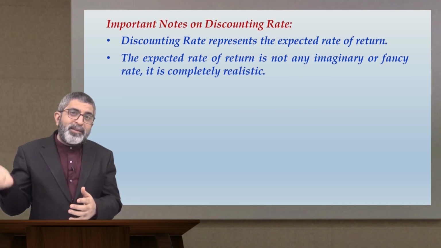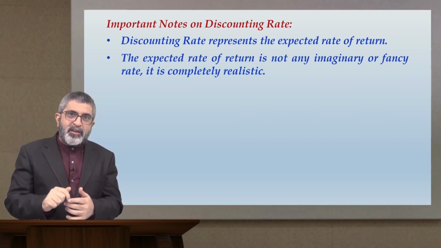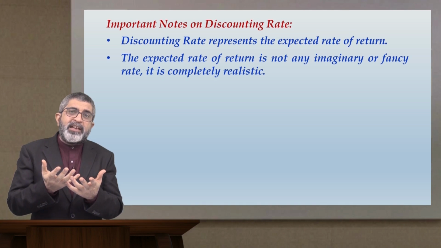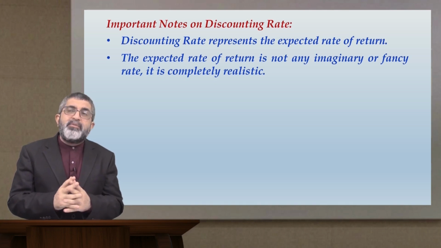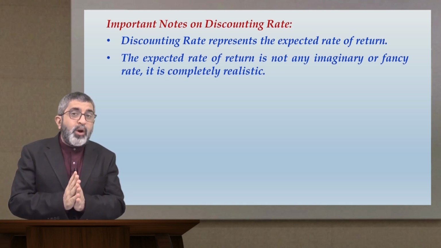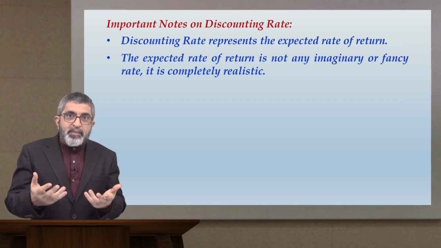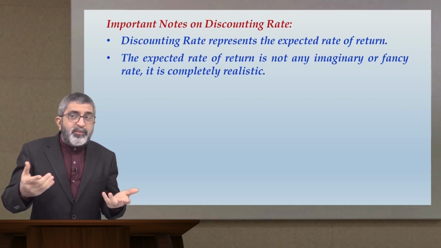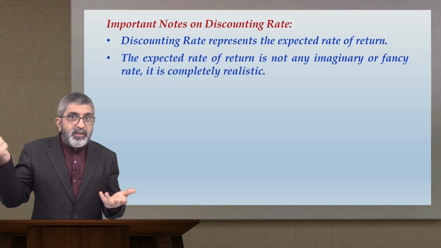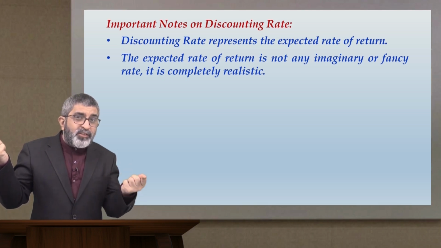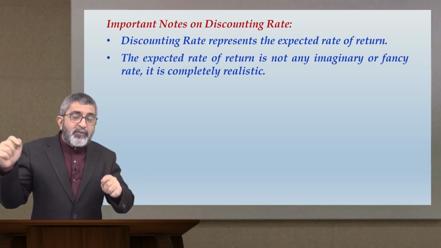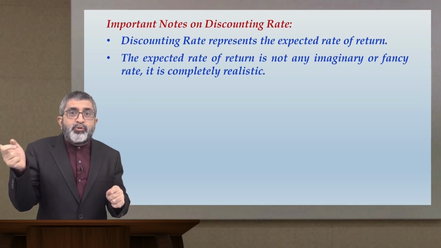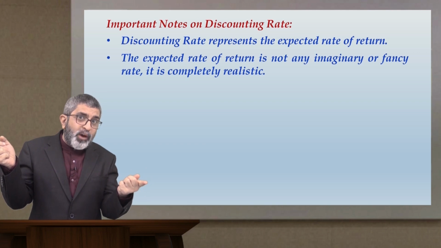Then comes the concept of opportunity cost of capital. So for example, if the prevailing rate of return in the market is 15% per annum, what will happen? I will be finding a lot of opportunities to invest at 15%. Then if you ask me to invest in a certain project, I will have to forego this opportunity of investment at 15% and invest in the project that you are suggesting.